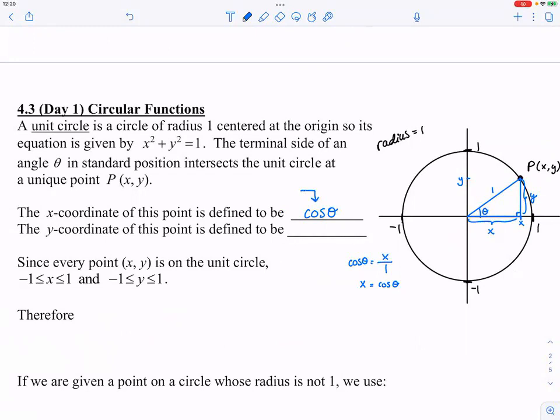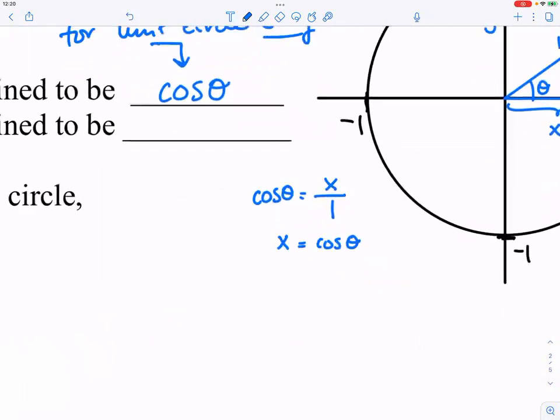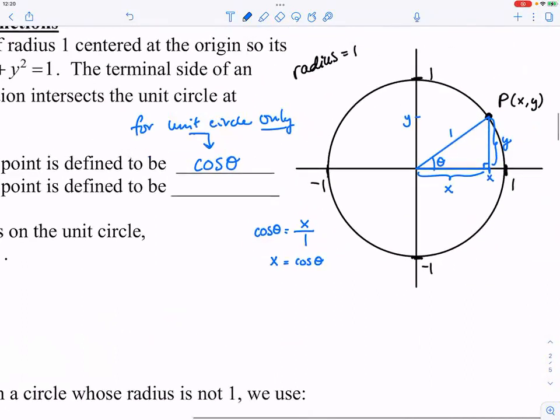These values are for the unit circle only. Okay, if it's not the unit circle, then we have to do something about it. It's only like this because the radius or the hypotenuse is 1, so that's why we can have this nice expression.